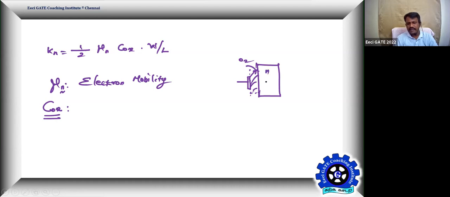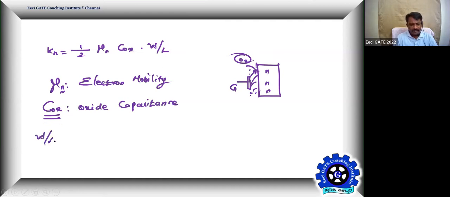That is the one insulating your channel from the gate terminal. So the oxide forms the dielectric medium, forming the capacitance. So this is called oxide capacitance, in farads by default.